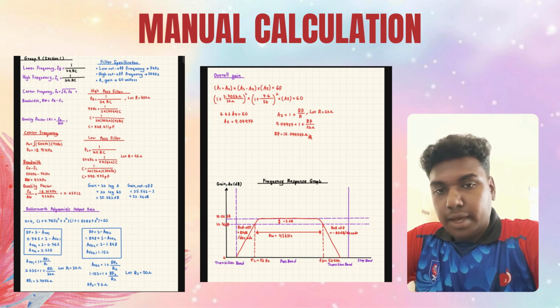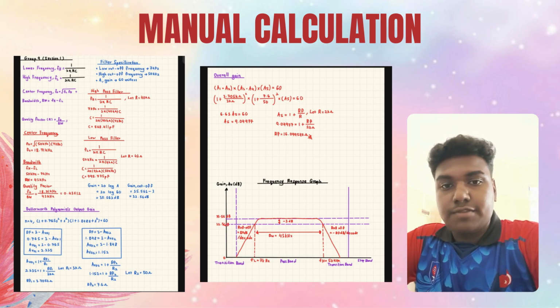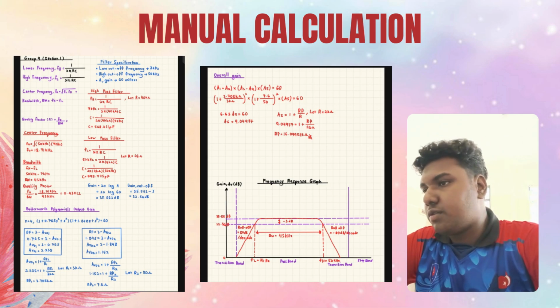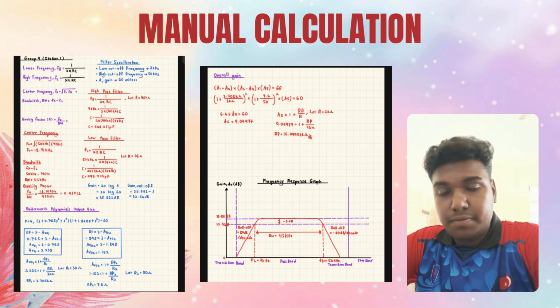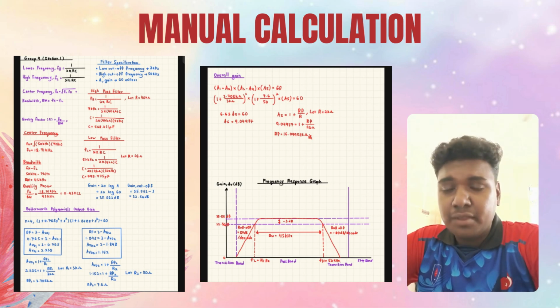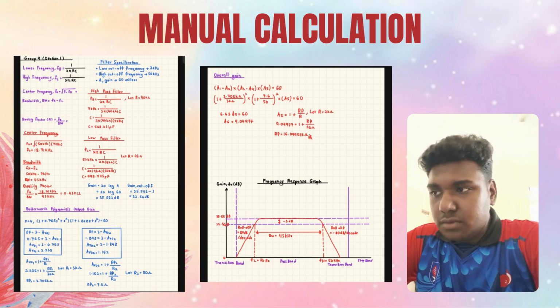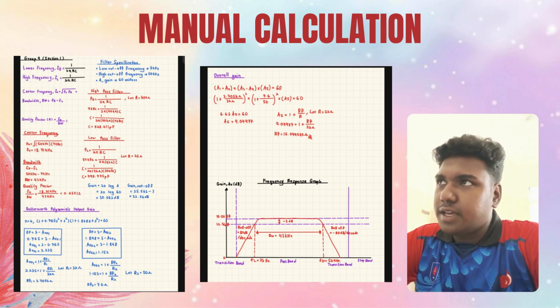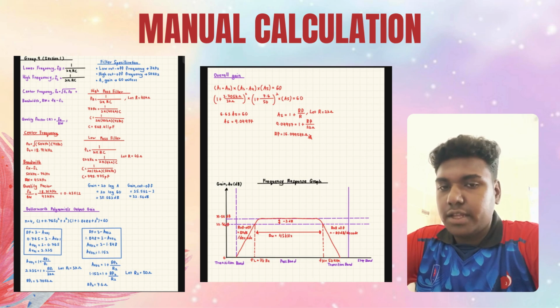After that, the bandwidth, which is FH minus FL, and then the quality factor, which is FO divided by the bandwidth, the center frequency divided by the bandwidth. First, we have to find the high pass filter. The R is given; we have set it to 40 kilo ohm.